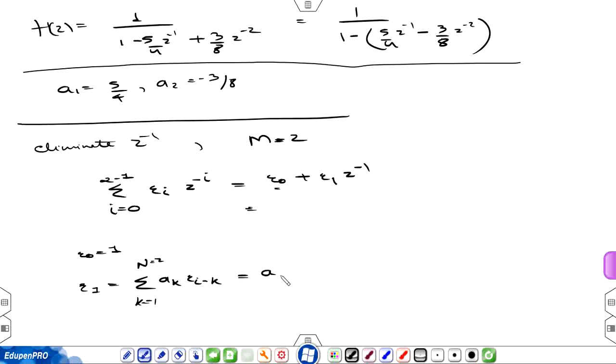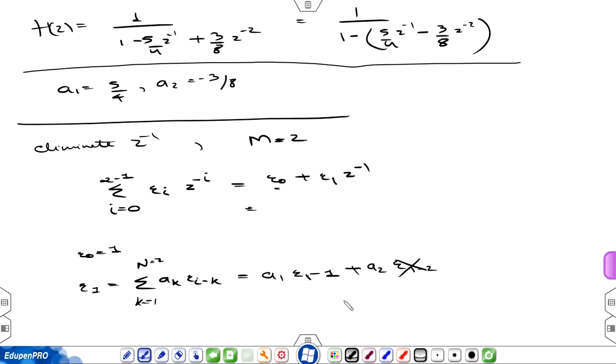So this is a1 r_(i-1), and i is 1 for this, so 1 minus 1 is 0. So this is a1 r_0, plus a2 r_(1-2).